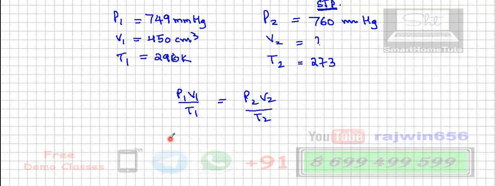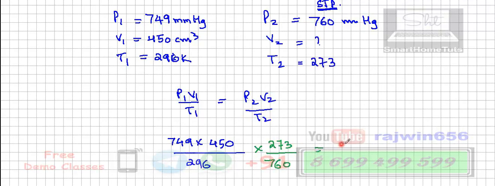So this is 749 into 450 upon T1, which is 296. I'll bring these other quantities also over here on the left hand side. T2, that is 273, upon this pressure, 760. This is equal to V2. Just use your calculator and get this value.